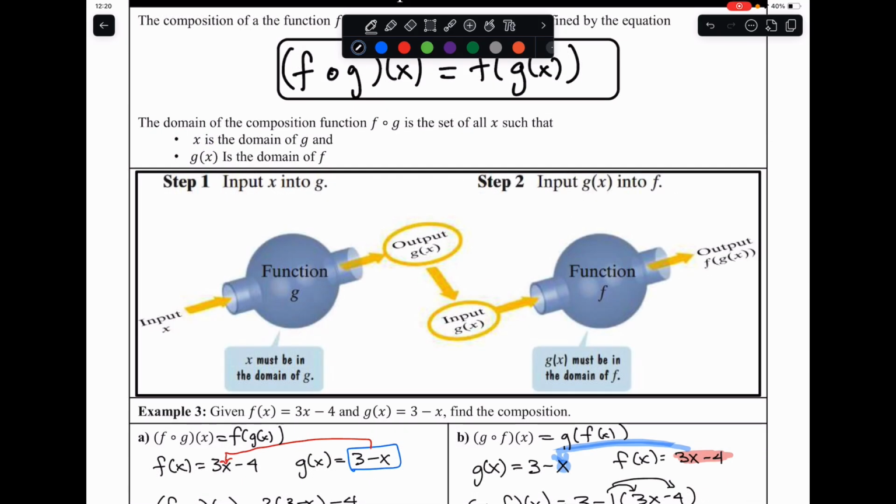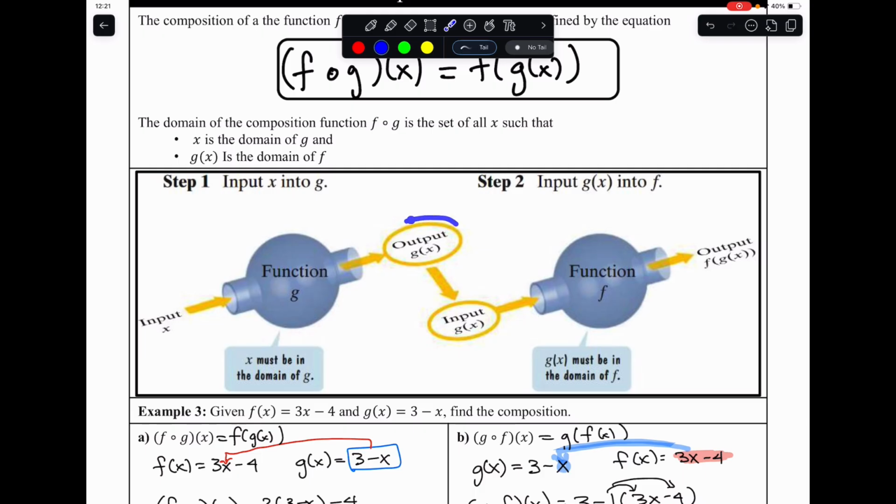Now that we've done that example, let's look at this diagram to correlate what we did. We plugged a value into this function g, and in terms of the graph, we simply looked at the graph and figured out what the output value was. We then made that output value the input value to this other function, where the notation has the f on the outside.